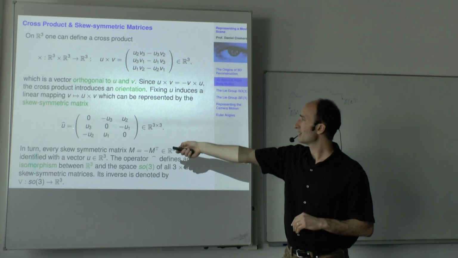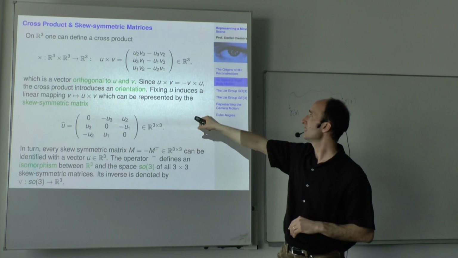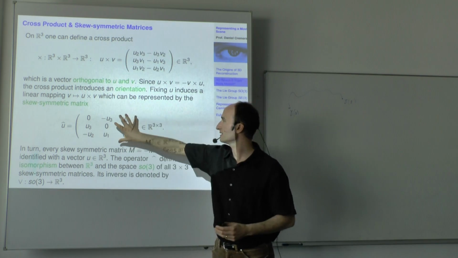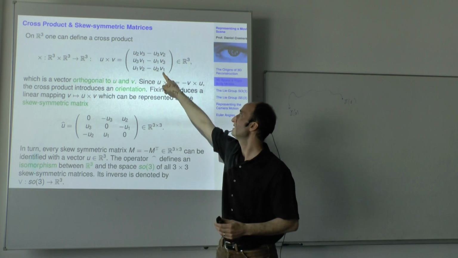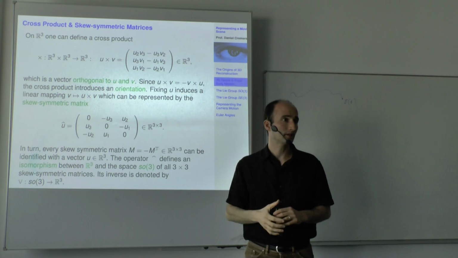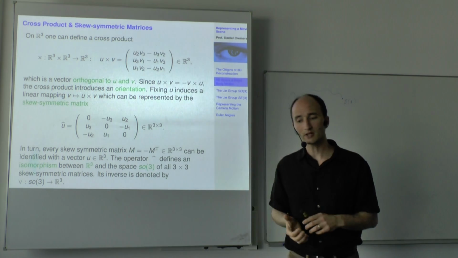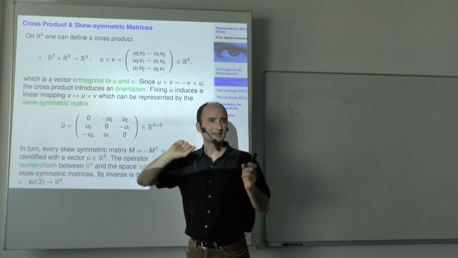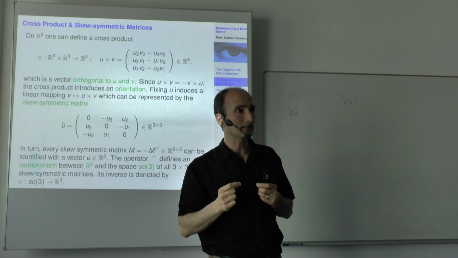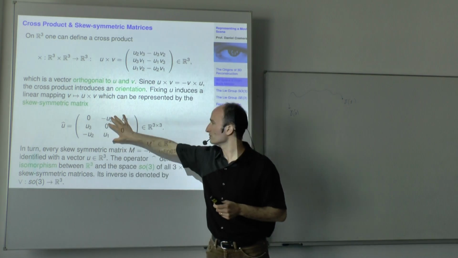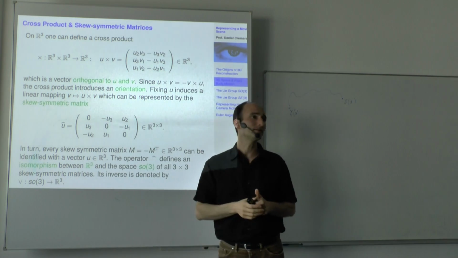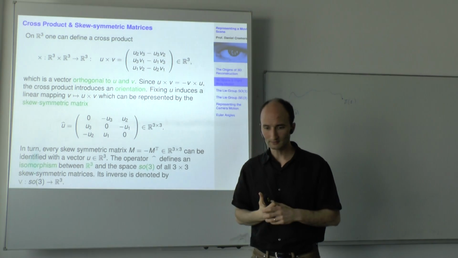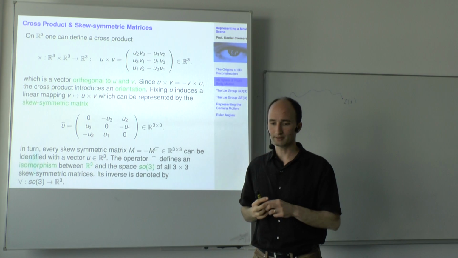And once you apply u hat to a vector v, it mimics the same as u cross v. You can check, if you apply this matrix to a vector v, you get exactly this thing up here. And that turns out to be useful because typically cross products are a little bit nasty to handle in linear algebra, but if you model them with these matrices, then they're somewhat easier. It's just a linear transformation.